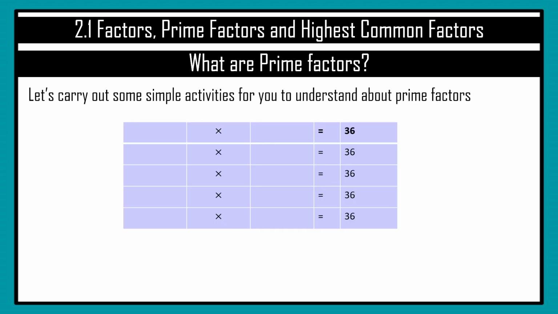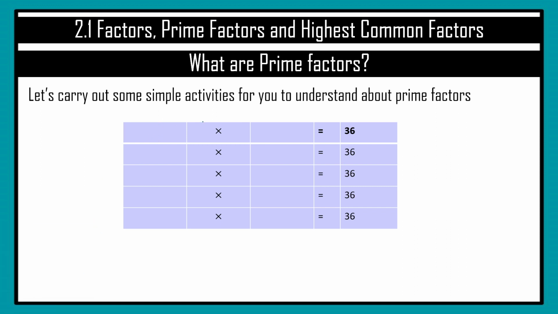Now that we remember what a prime number is, let us carry out some activities so that you can understand what prime factors are. In the previous lesson, this table is very familiar. We are going to list out the factors. Shall we begin?